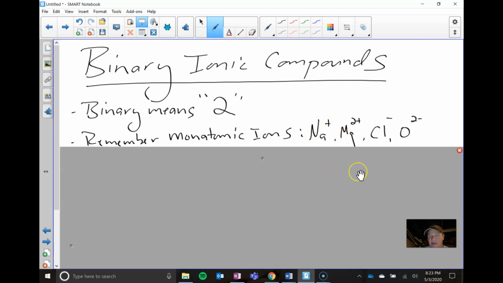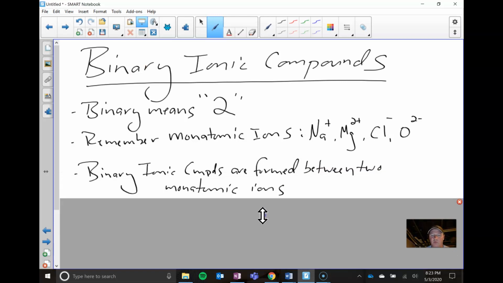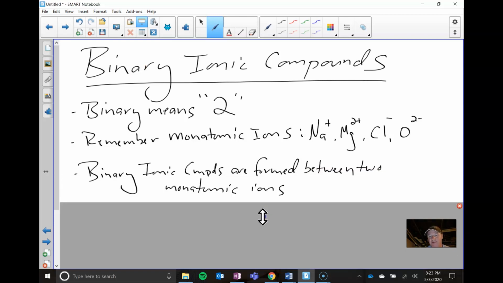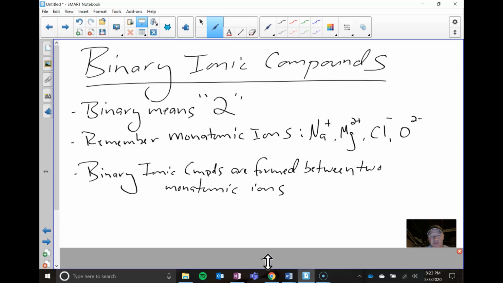Those are your metals. Sometimes atoms need to gain electrons to have a full outer shell, and if they gain electrons, they become negative, like these. They're anions. Binary ionic compounds are formed between two monatomic ions, a positive one joining up with a negative one, and that's what we're going to look at today.